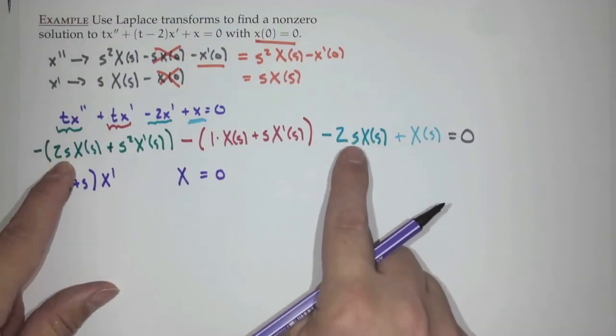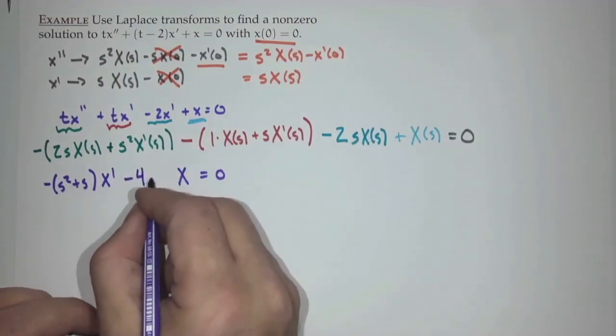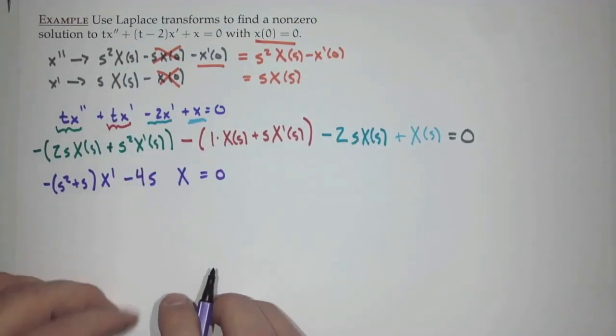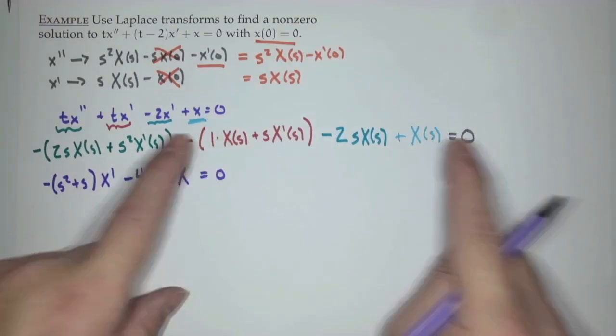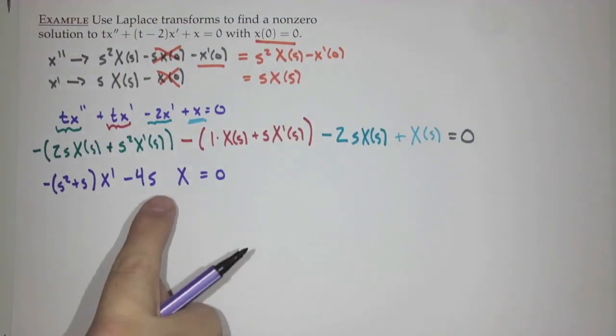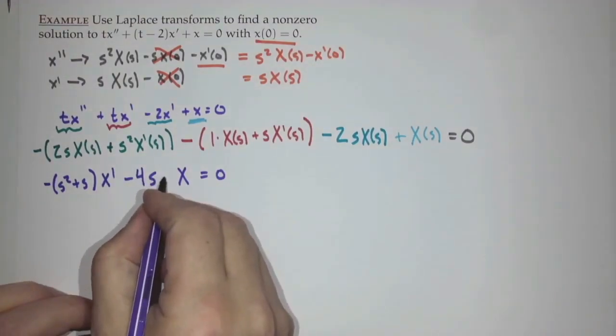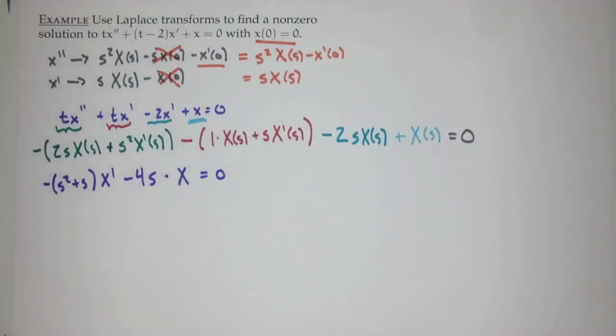Negative 2s, negative 2s. So that's minus 4s, but what else is there? Negative 1 and positive 1, they cancel. So just minus 4s times x. All right, can we clean anything up here?